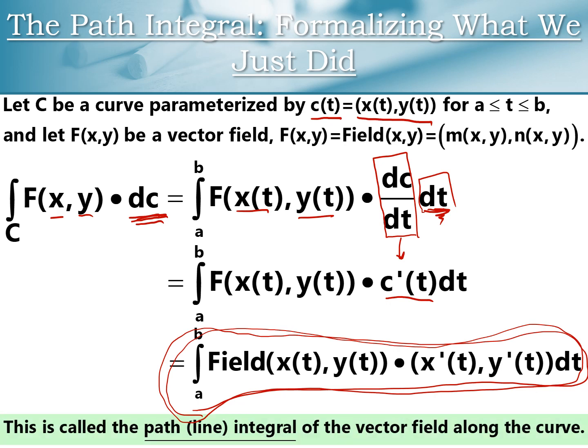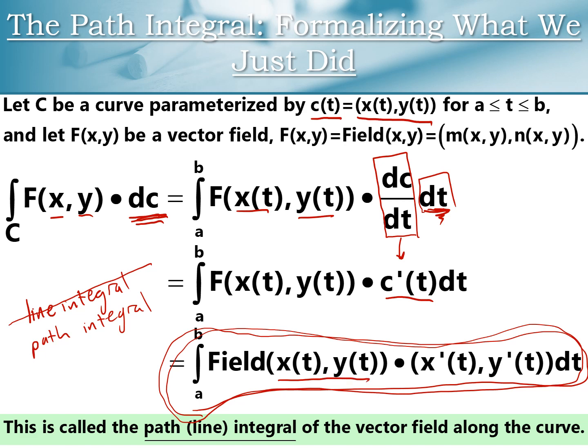Now, in some textbooks, you'll hear this called a line integral. In other textbooks, you'll see it described as a path integral. I am not a huge fan of line integral notation or terminology. The reason is it makes it sound like your x of t, y of t needs to be a straight line, which it most certainly does not.